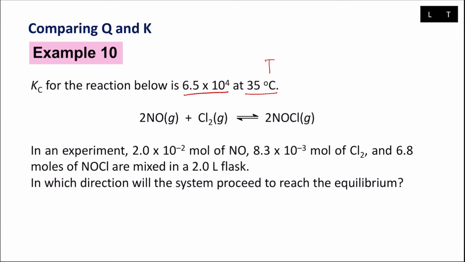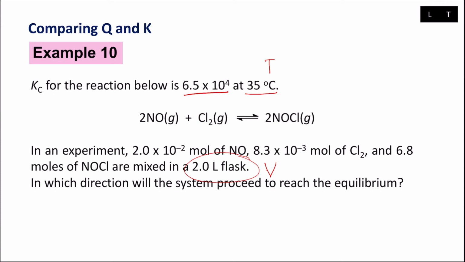So what you have here, this reaction dia buat eksperimen, awak ada number of mole untuk spesies yang terlibat. Dan volume untuk this experiment is 2 liter in a flask. And then dia minta awak determine in which direction will the system proceed to reach the equilibrium.